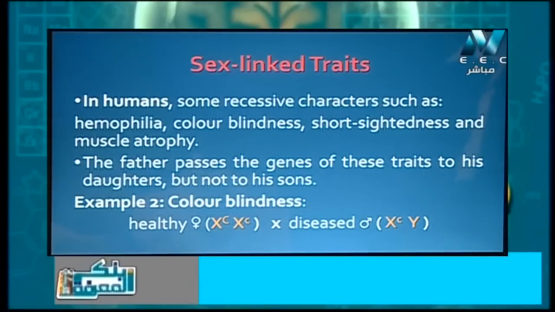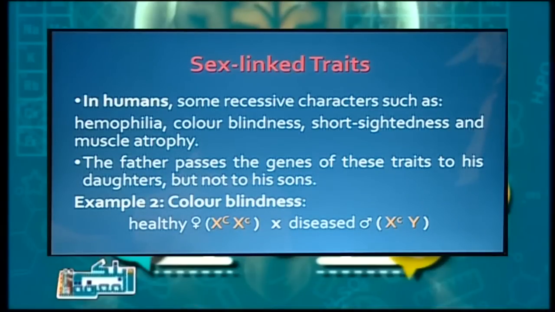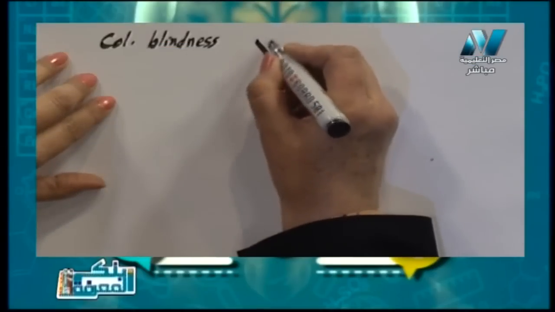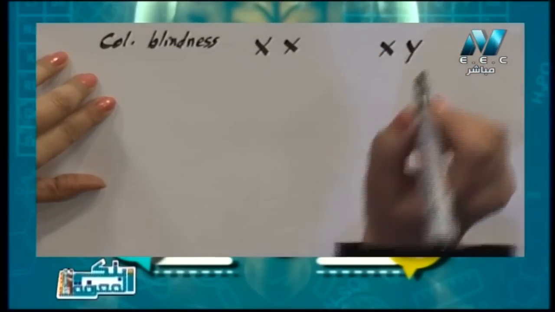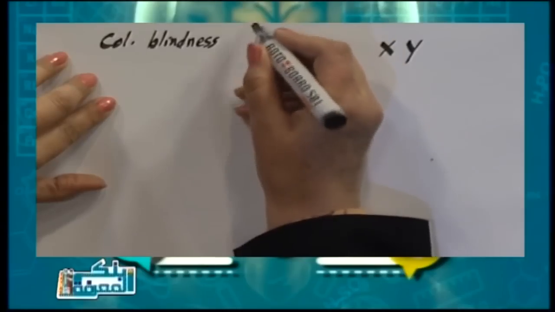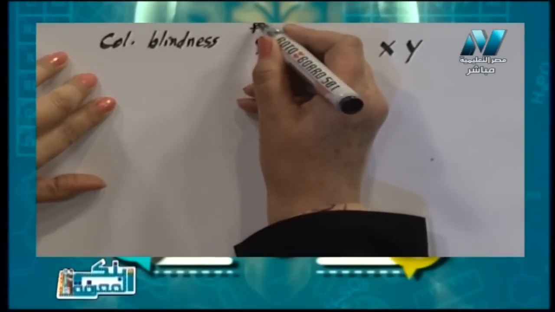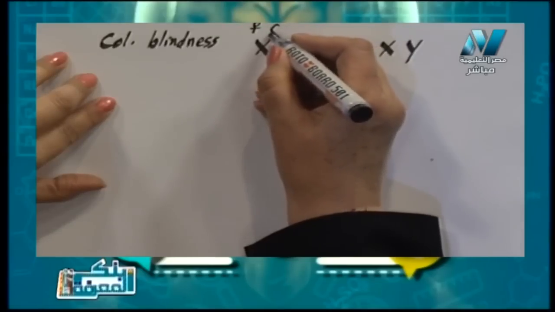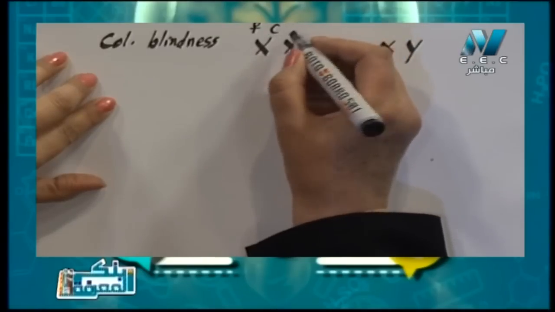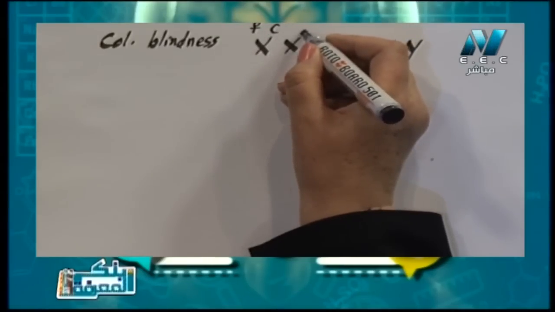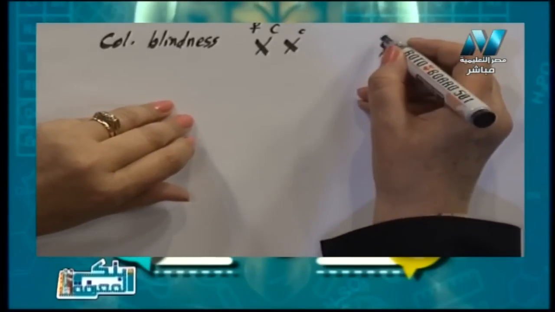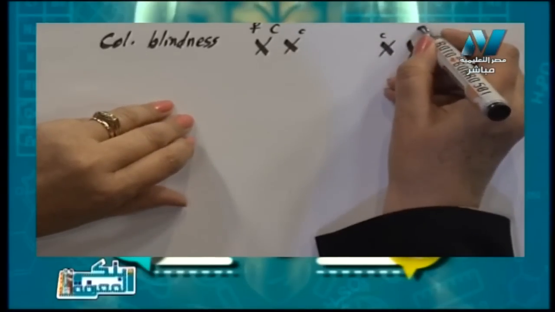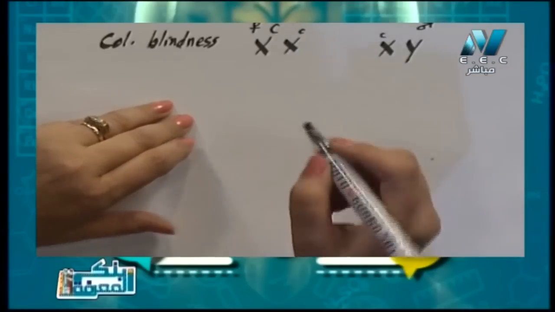For color blindness, we have X and X, Y. This is the female, and the female carries the dominant gene for normal eye and the recessive gene for color blind eye, and the male carries one recessive gene.